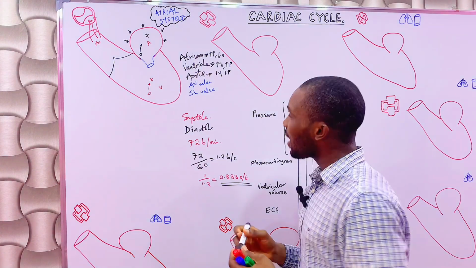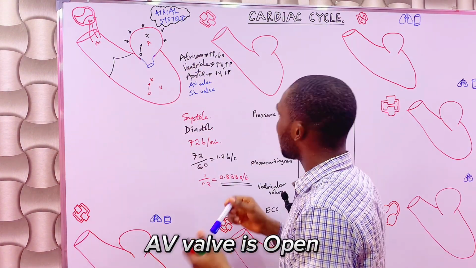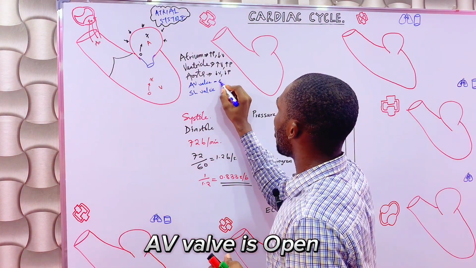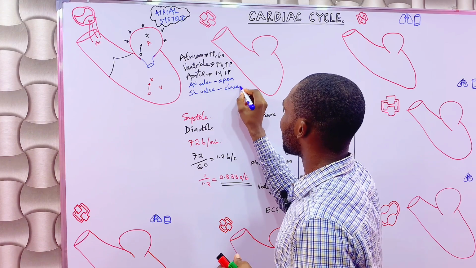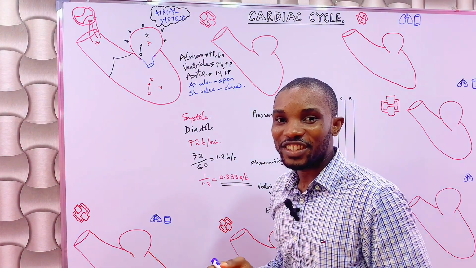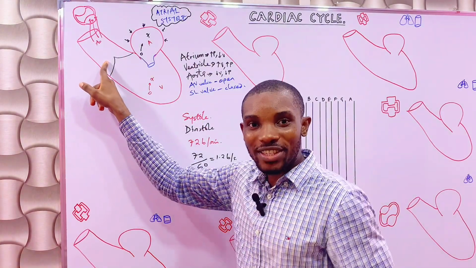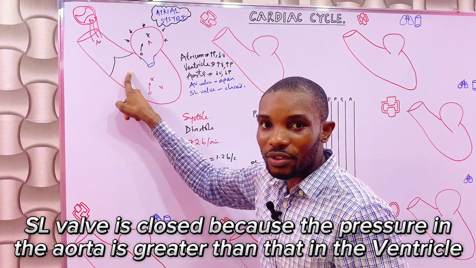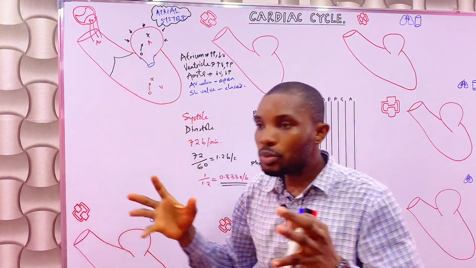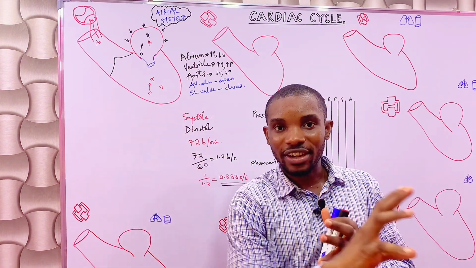How about the valves? Remember, we already know that our AV valve is open, and the semilunar valve is closed. Why is it closed? Because the pressure in the aorta is greater than the pressure in the ventricle. Always remember that what opens a channel is pressure in a unidirectional format.